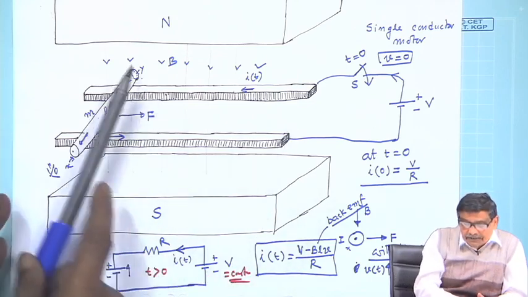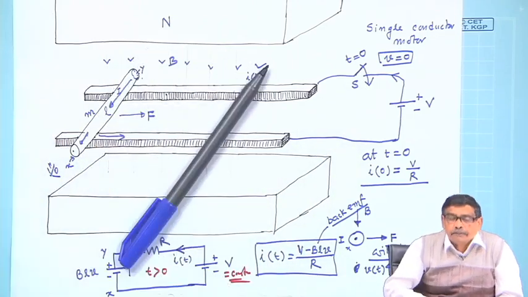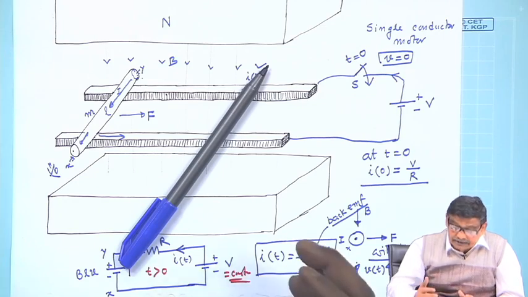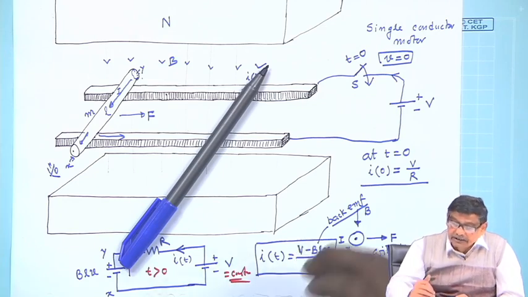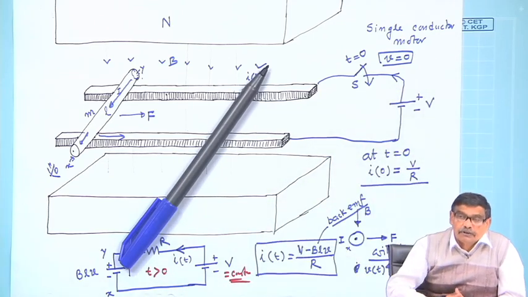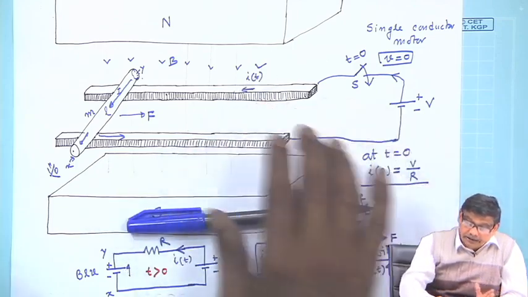Suppose frictionless, you have switched on the circuit, it has attained a constant velocity. Now, after it has attained a constant velocity, I will suddenly double this supply voltage. The moment you double it, physically I can tell what is going to happen.